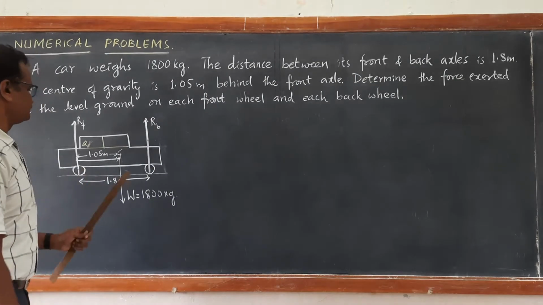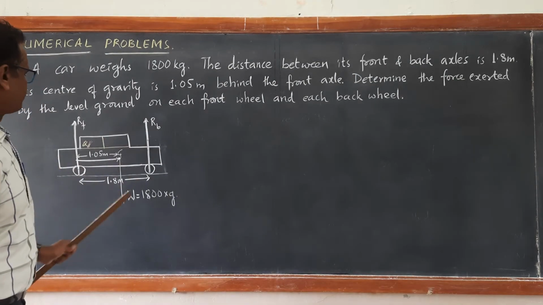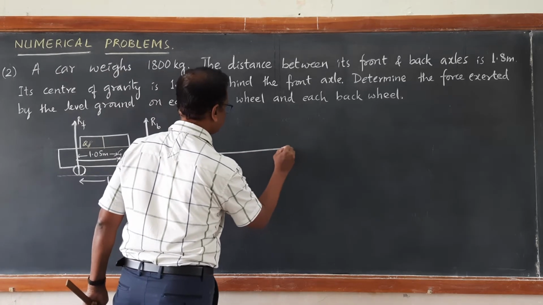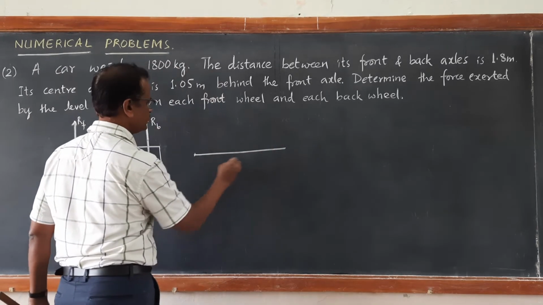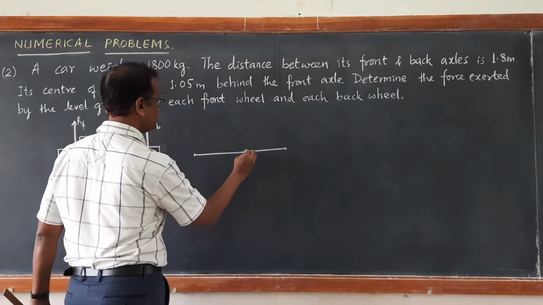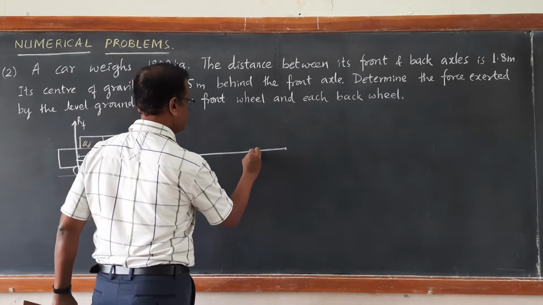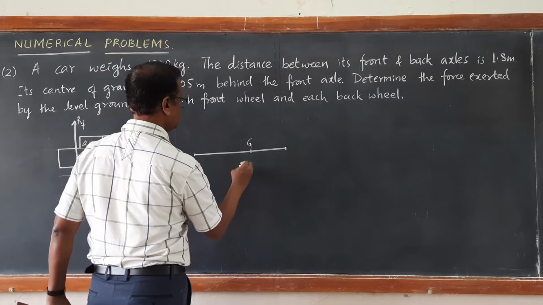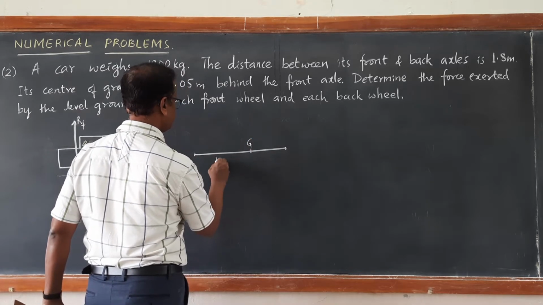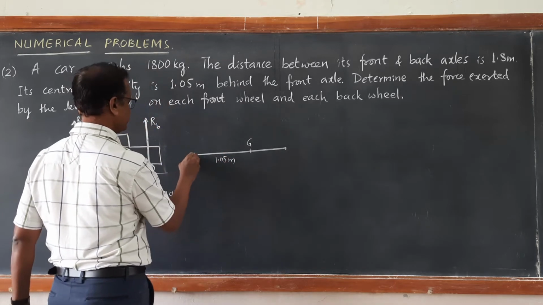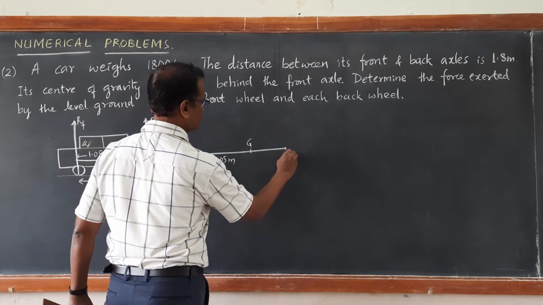Now, I will draw a simple schematic diagram. So this is again the distance between two axes, 1.8, and the center of gravity G is at 1.05 meter from the front wheel. We will take this as the front wheel and this as the back wheel.